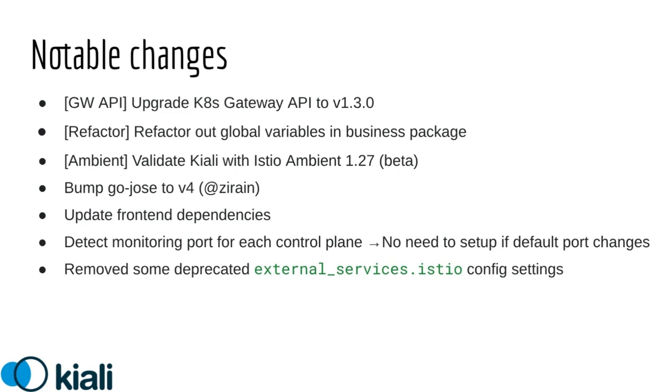So there is not going to be any need to modify anything in the configuration if the default port is changing. And it is also going to discover this port in all the control planes that Kiali has access to. And for this, some duplicate configurations related to external services.istio were also removed.